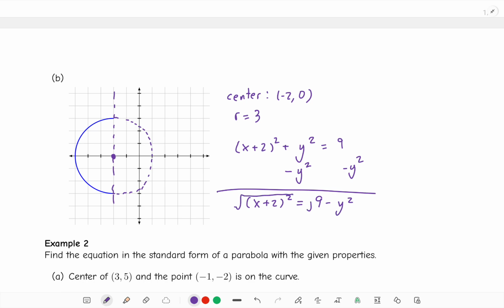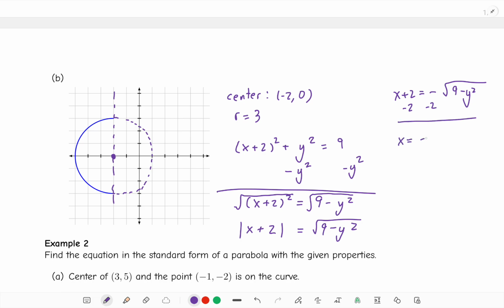Take the square root. Now remember, the square root of (x plus 2) squared is the absolute value of x plus 2. And because x is always less than negative 2, that will be negative. So you get x plus 2 equals negative square root of 9 minus y squared. Subtract 2. We get x equals negative 2 minus the square root of 9 minus y squared.